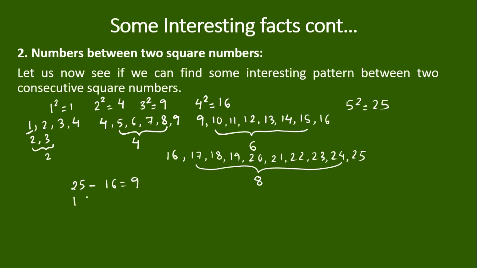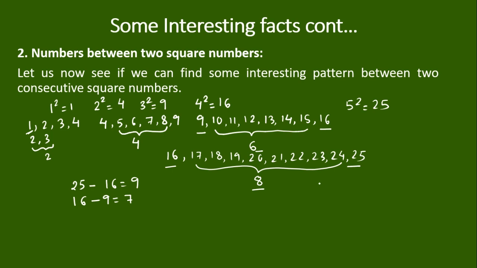Similarly, the difference between 16 and 9 is equal to how much? 7. But here between 16 and 25, how many numbers do we have? 8. And between 9 and 16, how many numbers do we have? 6.